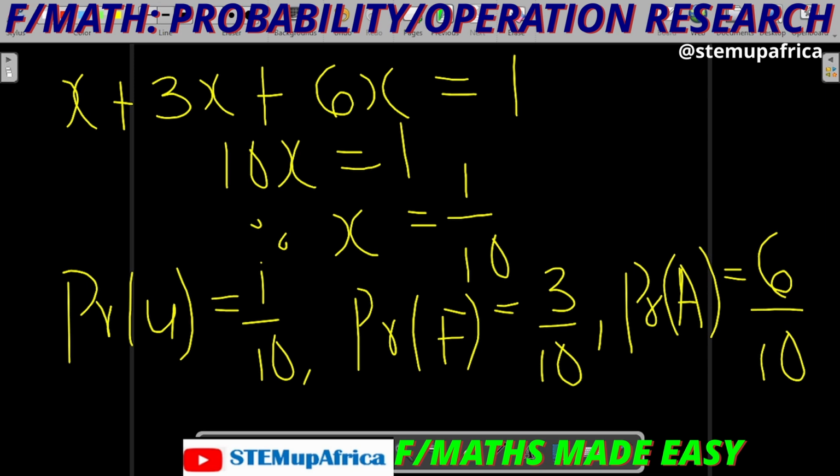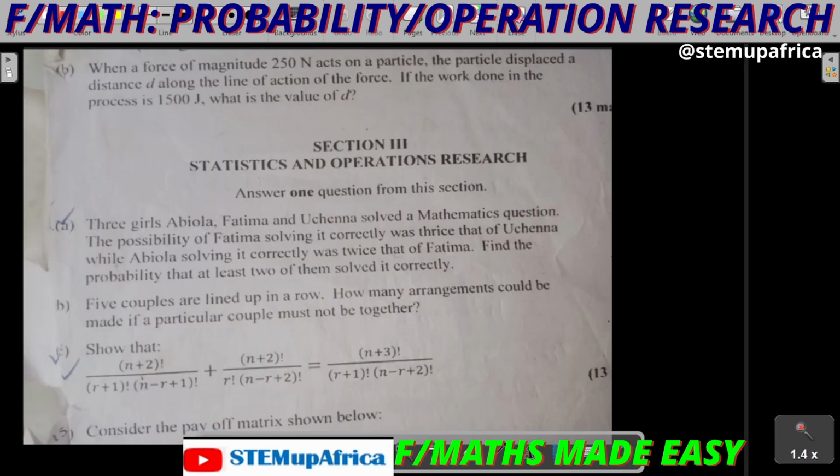So with this, now that I've gotten the probabilities for each of them, we can go back to the question: find the probability that at least 2 of them solve it correctly. And there are 3 students, 3 ladies, Abiola, Fatima, and Ushena. What's the probability that at least 2 solve it correctly? That means if Abiola and Fatima solve correctly, Ushena failed to solve correctly.